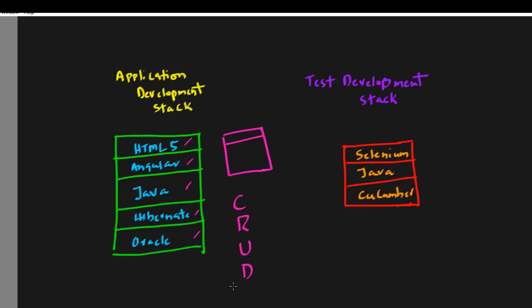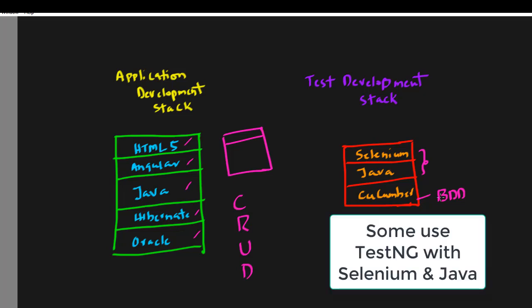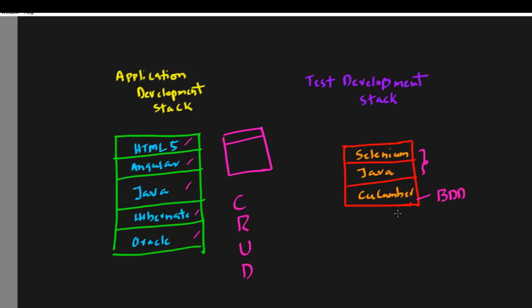So instead of manually doing it, we will write tests in Java and Selenium and using a BDD tool, which may be required or may not be required. It's again a decision that needs to be taken based upon time, resources, and necessity, all these factors. So here, the test development stack is Java, Selenium, and Cucumber.